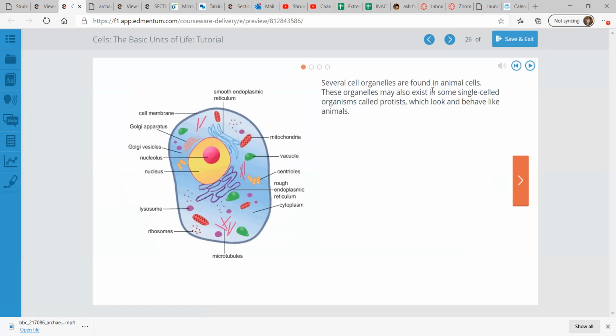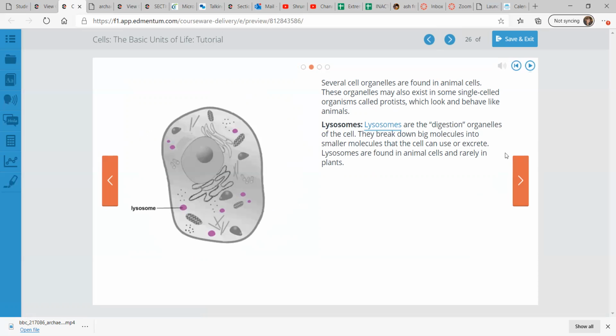Several cell organelles are found in animal cells. These organelles may also exist in some single-celled organisms called protists, which look and behave like animals. So we'll explain. Lysosomes are the digestion organelles of the cell.